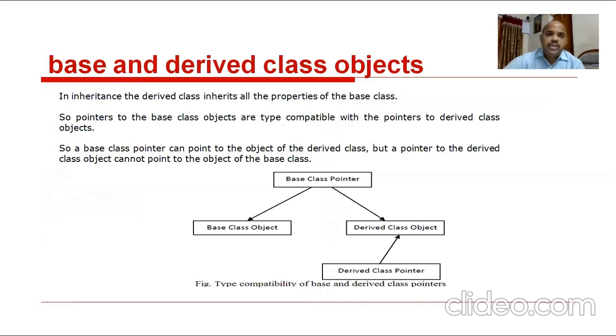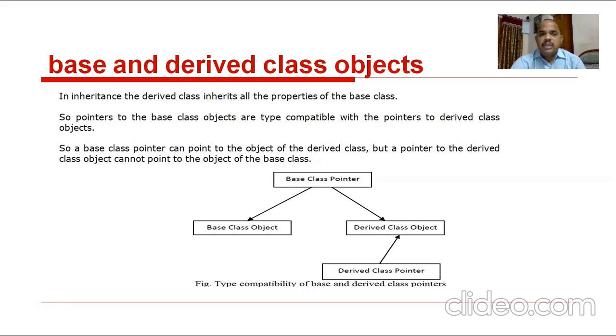So, explain about base and derived class objects. In inheritance, the derived class inherits all the properties of the base class. Clear? So pointers to base class objects are type compatible with pointers to derived class objects.